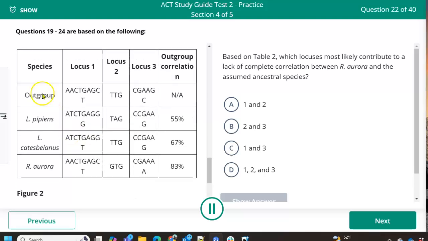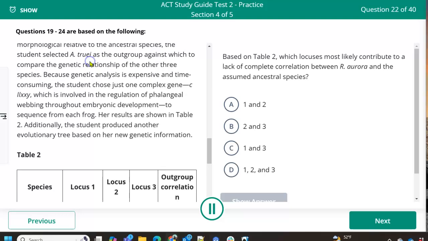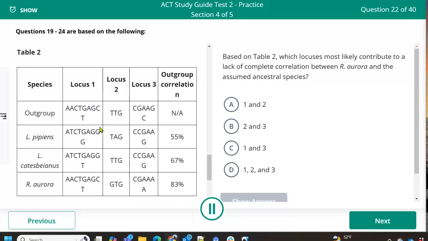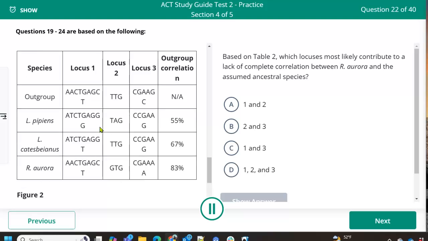So we can consider this to be like the ancestral species, the outgroup. And which locuses contribute to a lack of correlation.